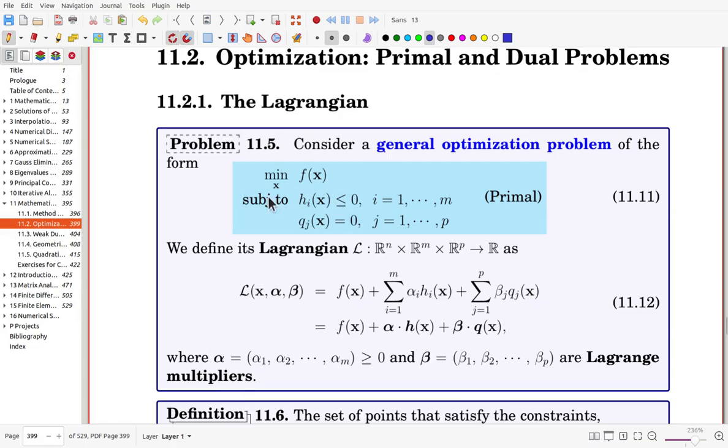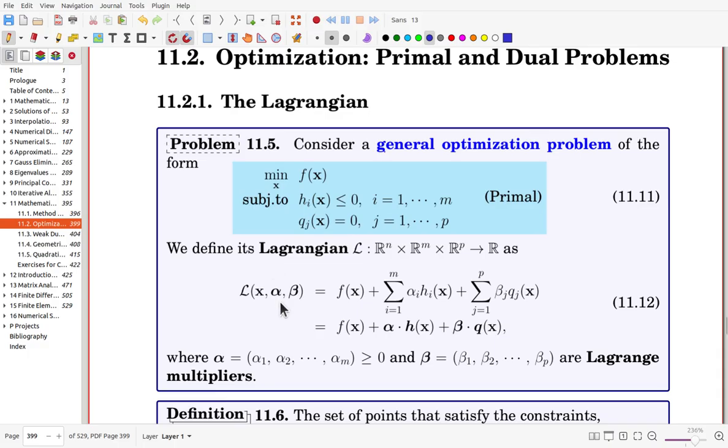We want to minimize f of x, subject to satisfying these conditions: part of the conditions are inequalities, the other part are equalities. Now, we define the Lagrangian.